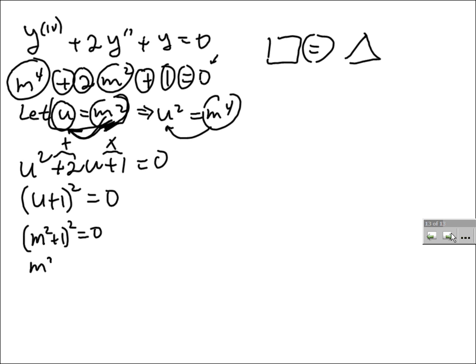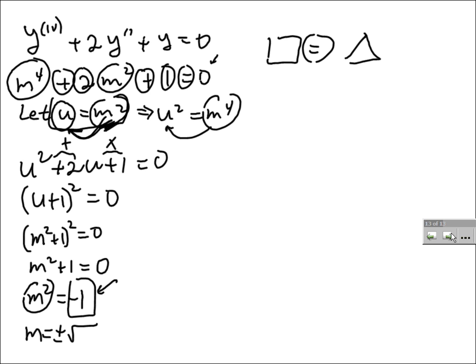Well, then there's no way out of it. I don't care what's inside those brackets. It must equal 0. So then m squared must equal negative 1. And if you square something and you're getting this, then what you're squaring, namely the m, is plus or minus the square root of this.